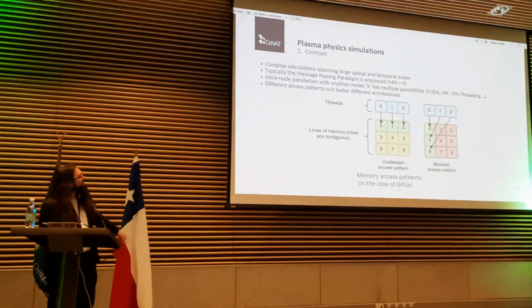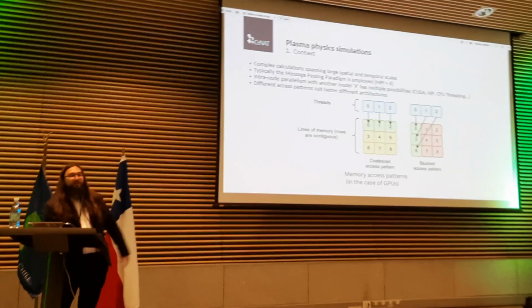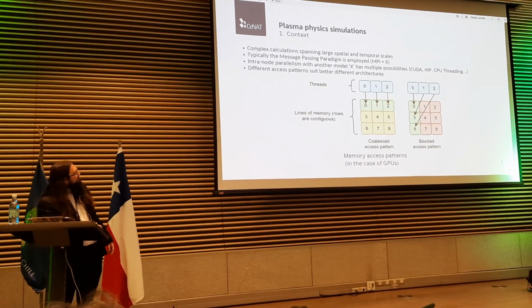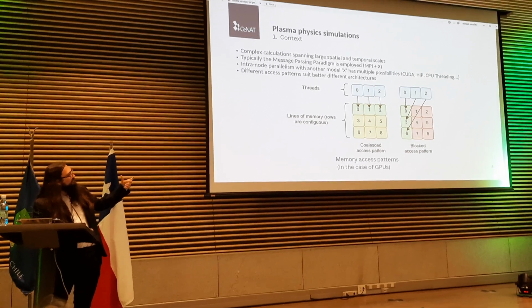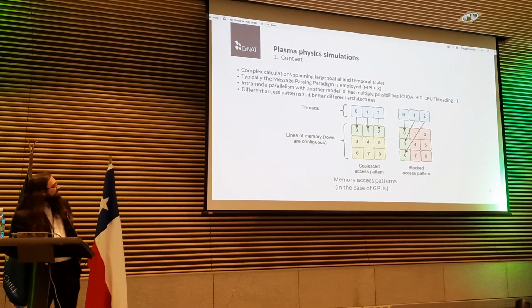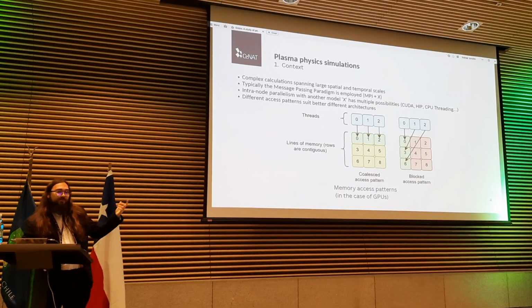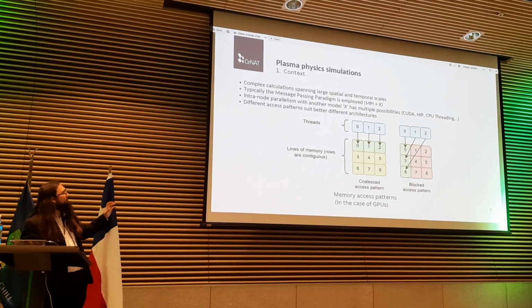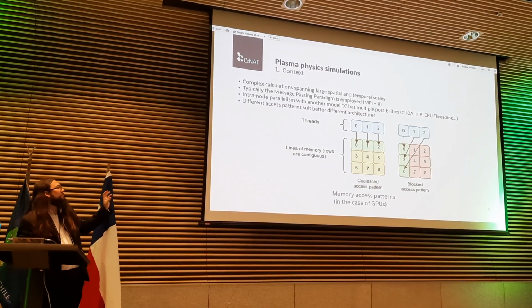So take for instance this image where we have some GPU memory access patterns, and we have lines of contiguous memory represented as the rows there, and we can see these lines, if we need to access them, they need to be completely loaded, even if we are only going to be using part of these lines.